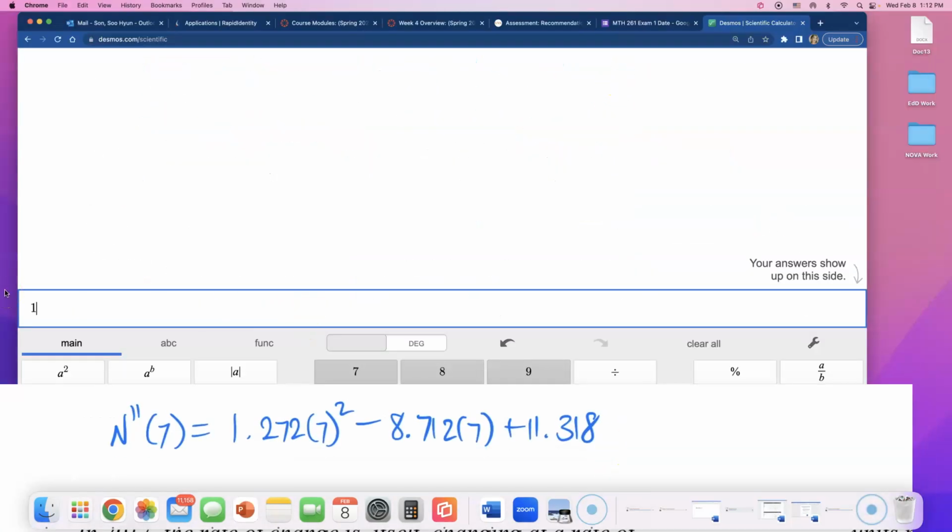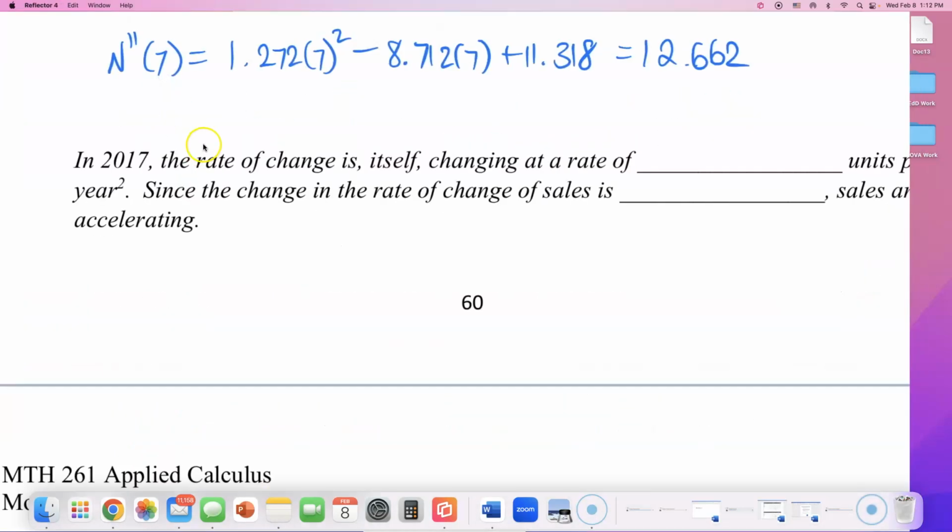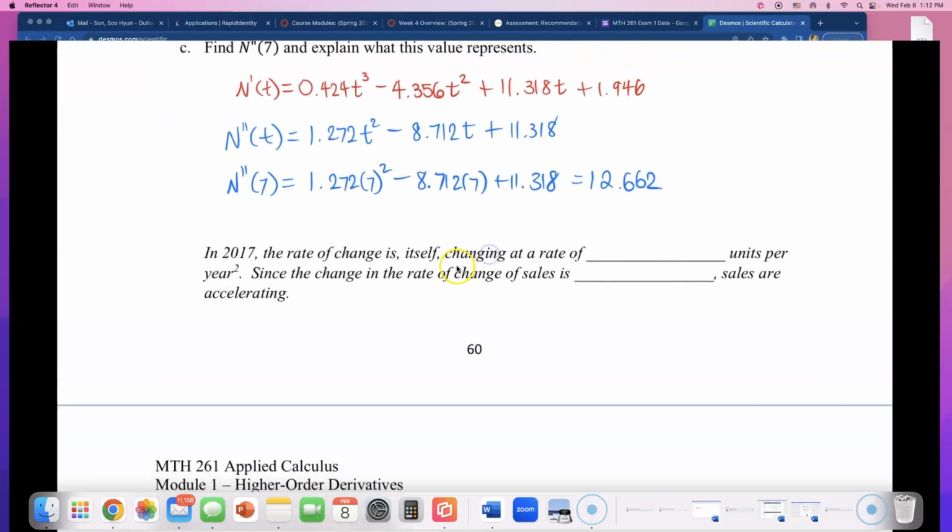1.272 times 7 squared, 49, minus 8.712 times 7 plus 11.318. All right, the number came out to be 12.662. So let's fill in this blank to interpret this. What happened in the year 2017?